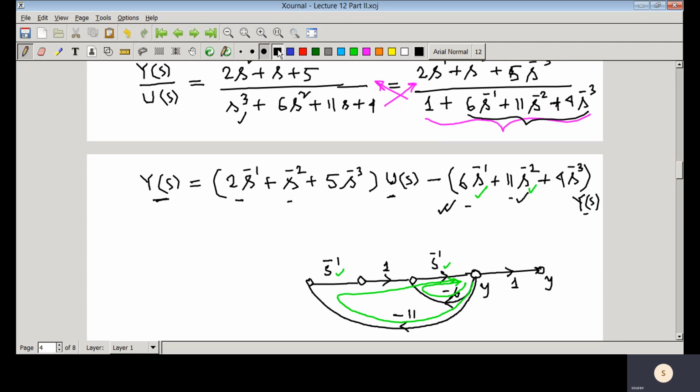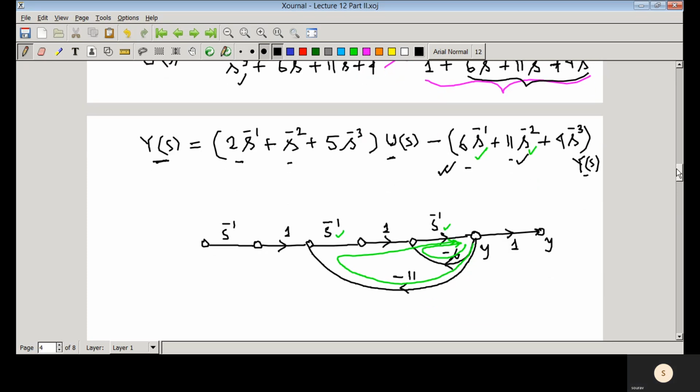Similarly, we take one more node here, just multiply with 1, and here you introduce another integrator, and we are trying to realize the third term.